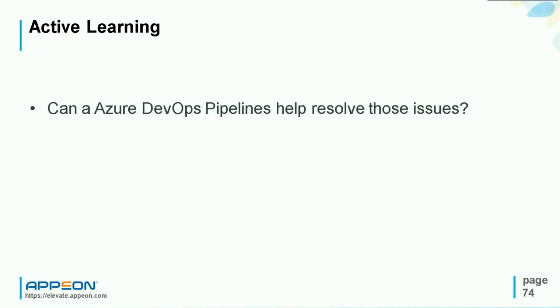Can Azure DevOps pipelines help resolve these issues? I would say they can help with all those issues. They can help with your audit trail. They can help ensure that you're building from a known source. If you break things, you'll know about it right away.